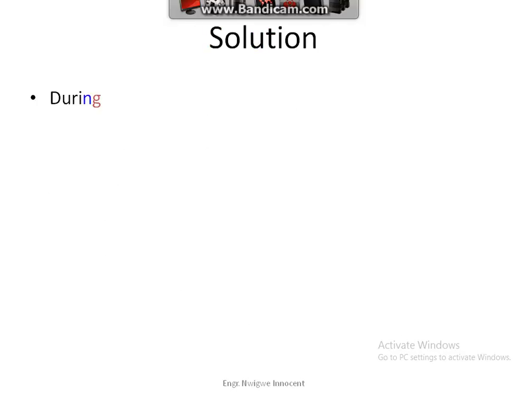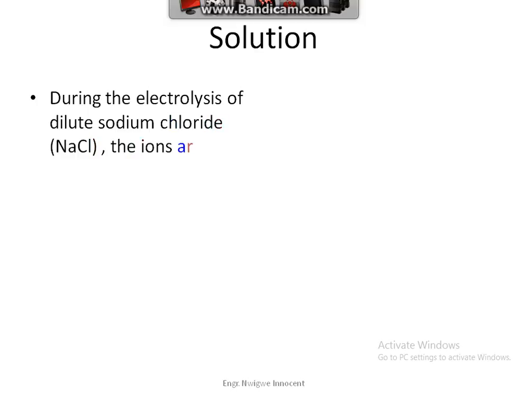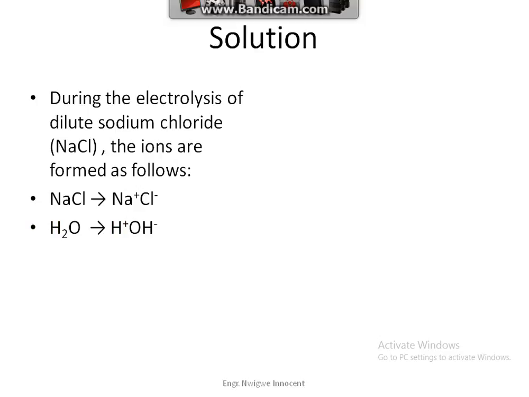Solution. During the electrolysis of dilute sodium chloride, NaCl, the ions are formed as follows. Sodium chloride will discharge sodium positive ion and chlorine negative ion. Water will discharge 1 hydrogen ion and 1 hydroxyl ion.